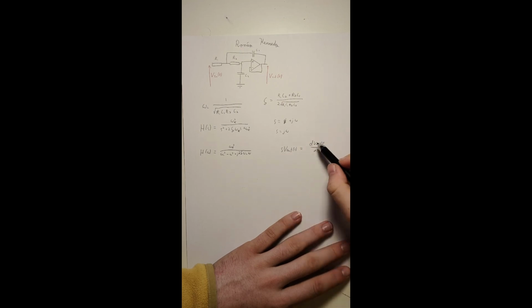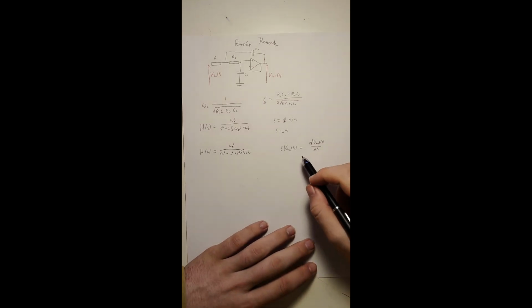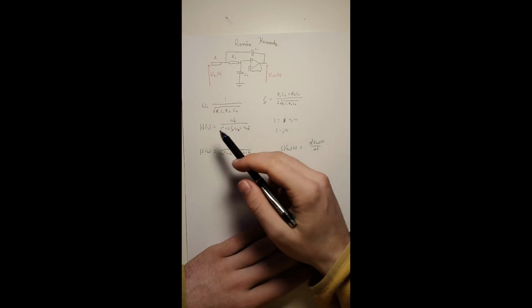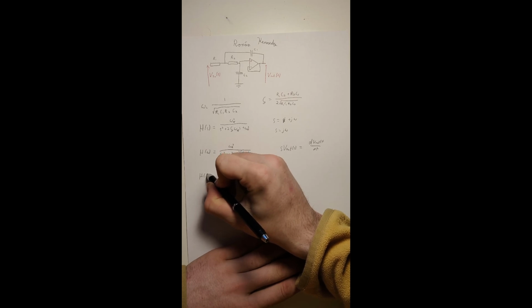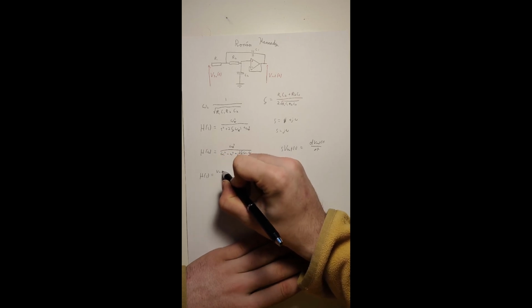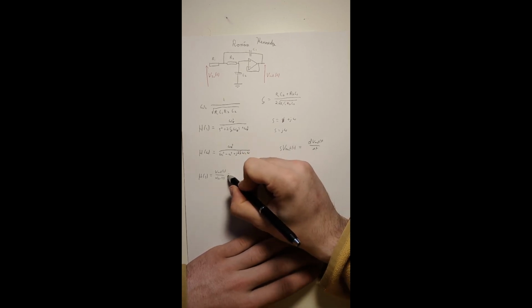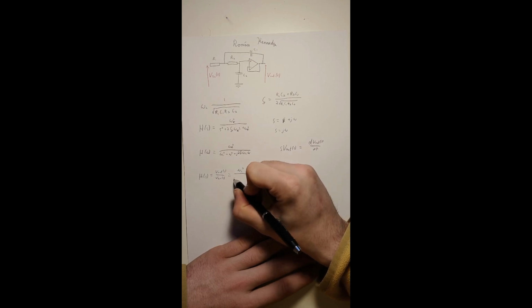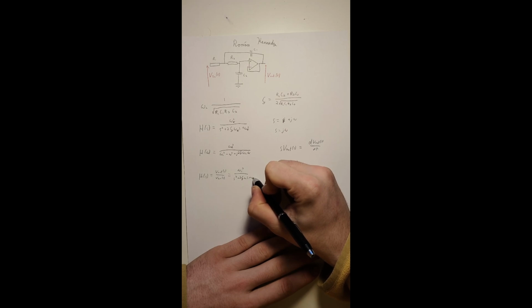And this is s squared. This would be the second derivative, and the third derivative for the s cubed. So we can use this to convert from the transfer function to the differential equation. So first we'll say H of s equals V out of s over V in of s, which is equal to this omega C squared over s squared plus 2 zeta omega C s plus omega C squared.